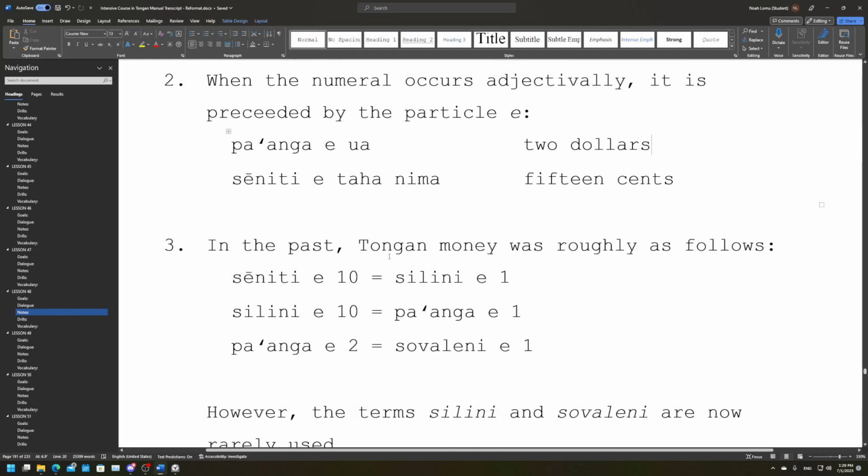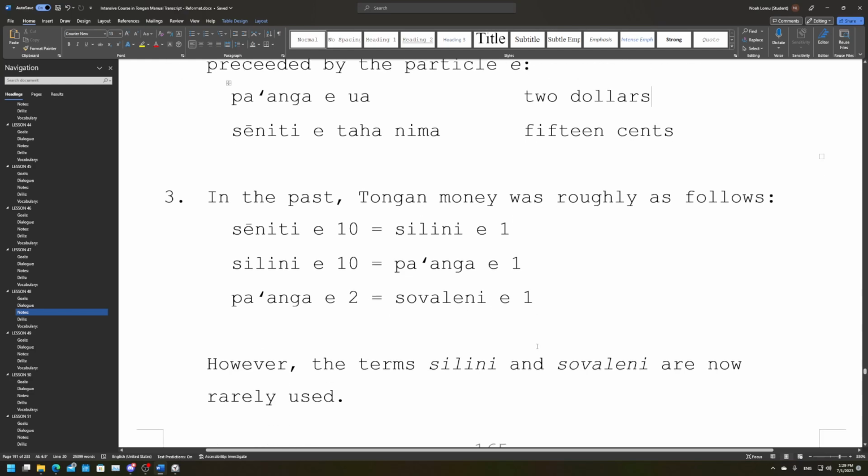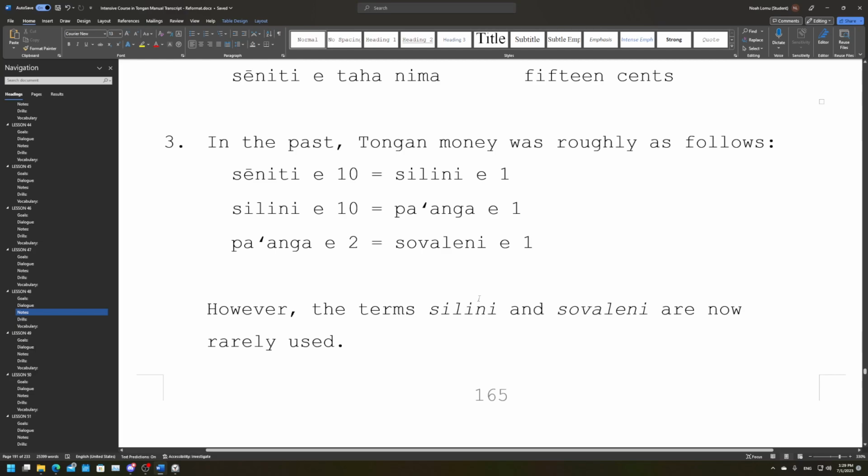So let's see. The original book says roughly Tongan money is as follows: Senite e hongofulu is seline e taha. Seline e hongofulu is panga taha, and panga was sovaleni e taha. I've changed this because nobody ever uses seline or sovaleni anymore.